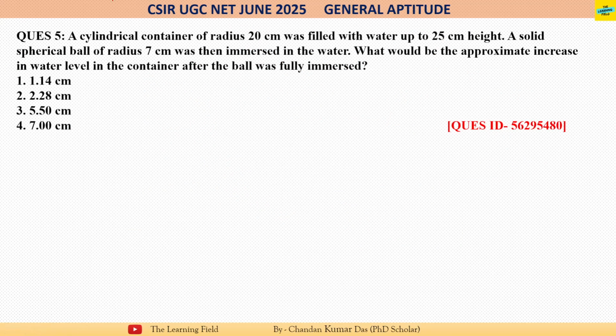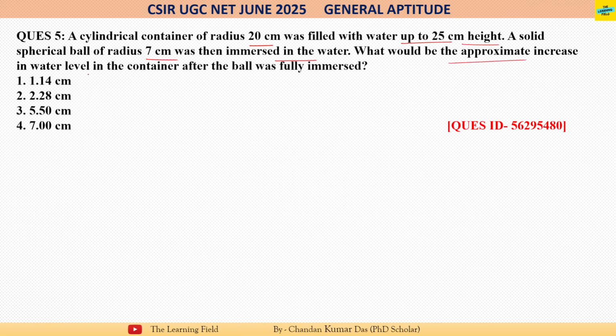Next question. Question number 5 says that a cylindrical container of radius 20 centimeter was filled with water up to 25 centimeter height. A solid sphere ball of radius 7 centimeter was immersed in the water.